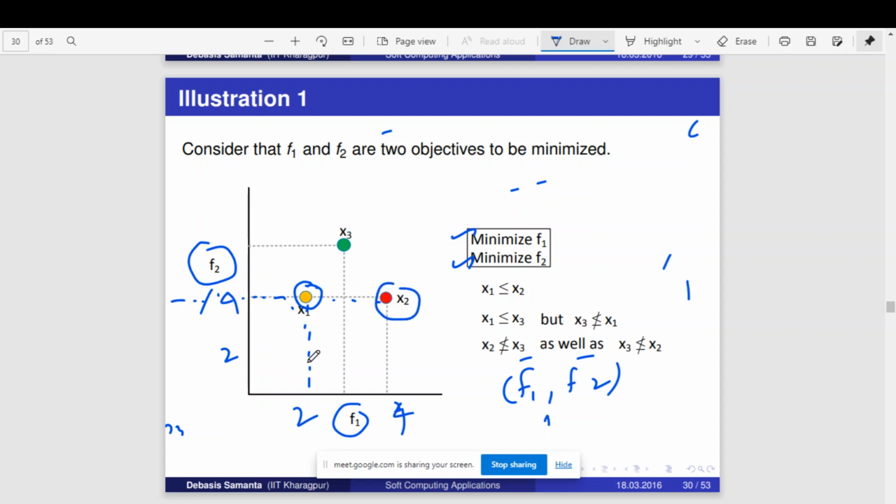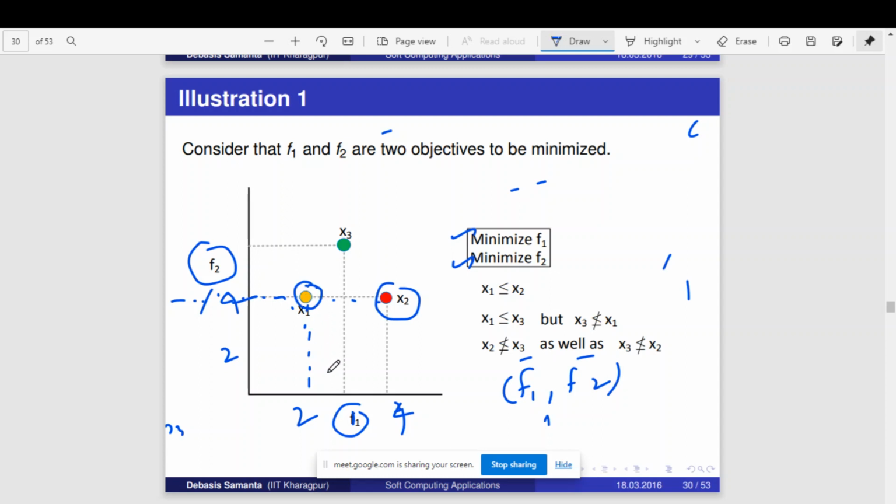See the two conditions. What are the two conditions? The first condition is x1 should be no worse than x2. So with respect to f1, can you say that x1 is no worse than x2? Yes. With respect to f2, can you say that x1 is no worse than x2?